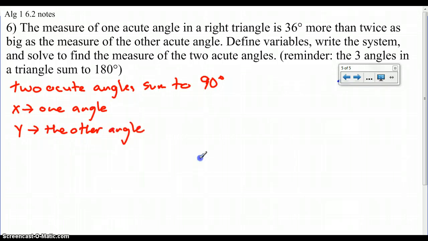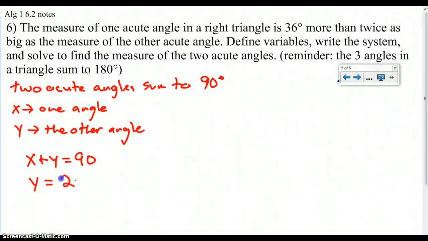All right, let's set up our system of equations. The sum, as I mentioned above, has to be 90. Now the other one we have to do a little thinking. It says the measure of one acute angle is 36 degrees more than twice as big. So what I'm going to do is assume that y is the bigger of the two.